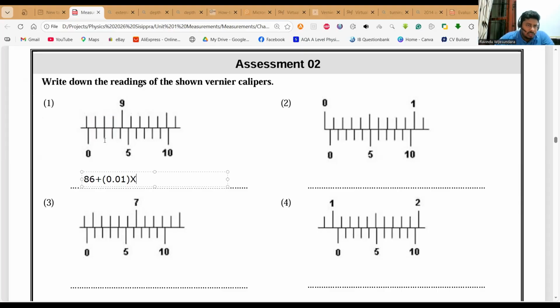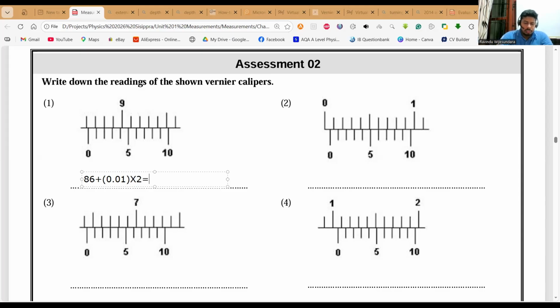We do not require the main scale mark value. We only have to count the vernier divisions. Which vernier division is coinciding? The zeroth, first, second. The second one is coinciding. Therefore, you have to put 2.